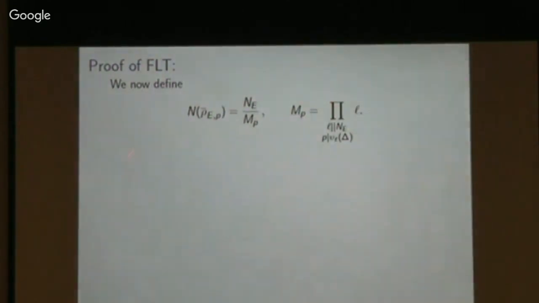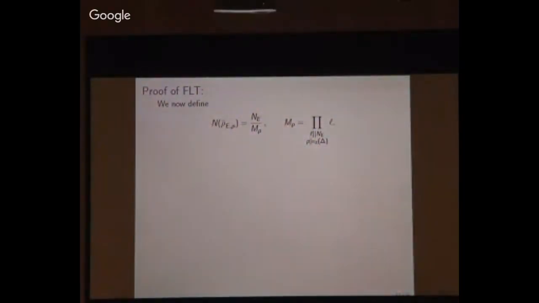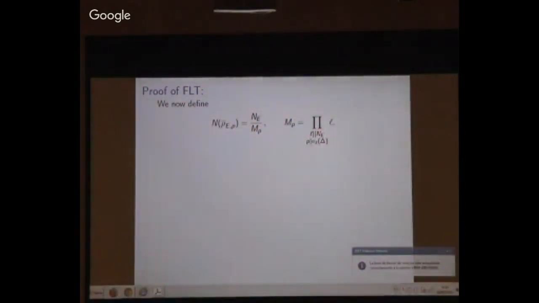We'll define the quantity N rho bar E of P to be this quotient, the conductor divided by MP, where MP is equal to the product of all the primes that divide the conductor exactly once, and P divides the valuation at that same prime of the discriminant. This means that for this prime in the prime factorization of the discriminant, its exponent must be divisible by P.